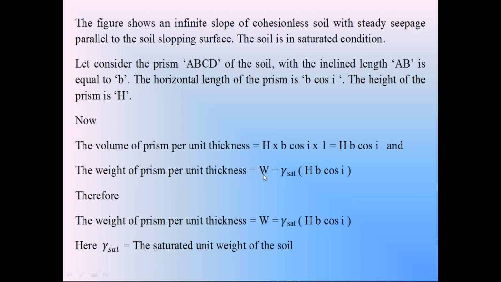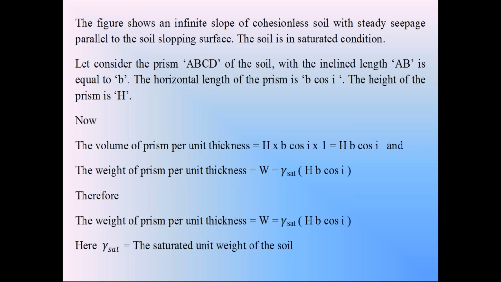So the weight of the soil prism W is equal to gamma saturation into h into b cos i. This is the weight W of the soil prism in the seepage flow condition.